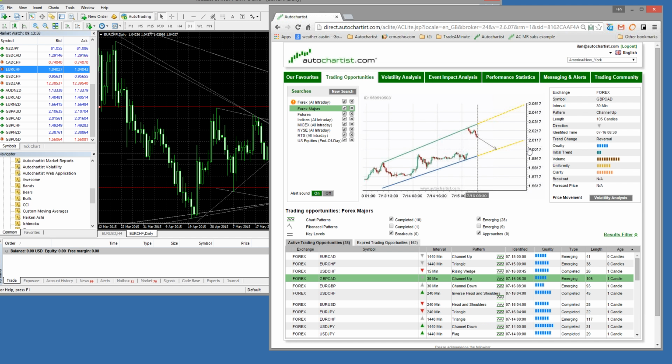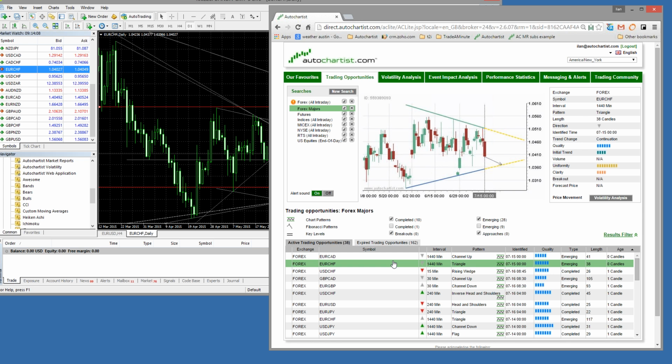Otherwise, you might want to stay away from something like this. But certainly, the longer-term opportunities such as this here, that is certainly something I would definitely consider trading, because you've got a day or two until it hits that level.